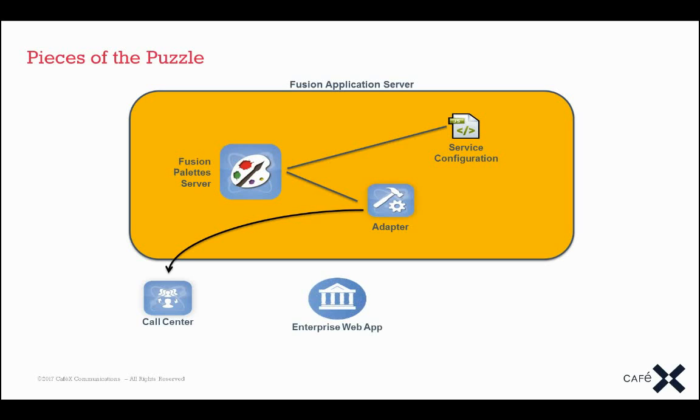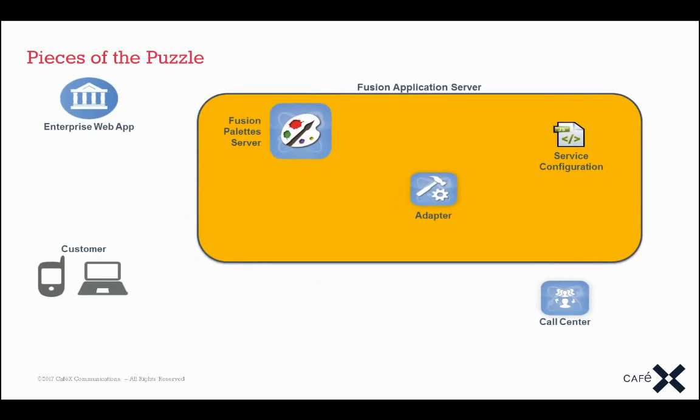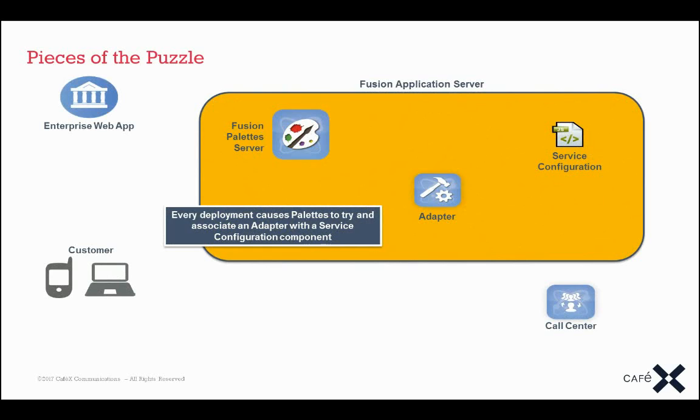Let's take a quick look at what happens when we deploy an adapter or a service configuration component onto the palette server. Every time a service configuration component or an adapter is deployed to palettes, palettes will try and associate the two together.